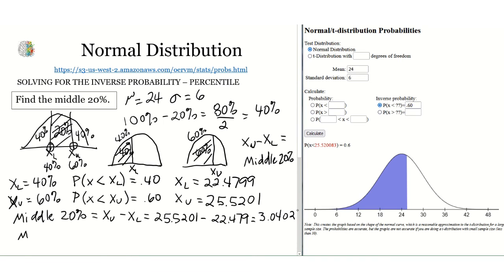So that tells me that the middle 20% equals 3.0402. So this would be the answer to my problem.